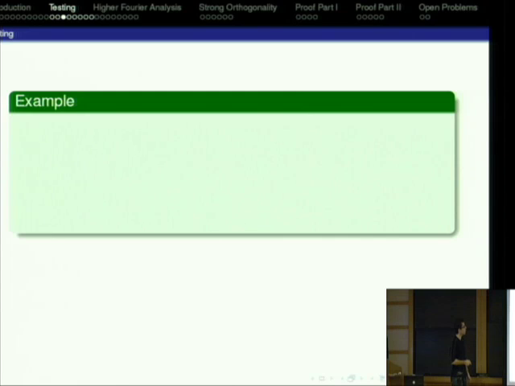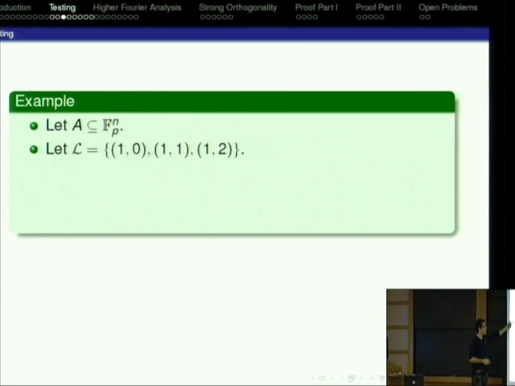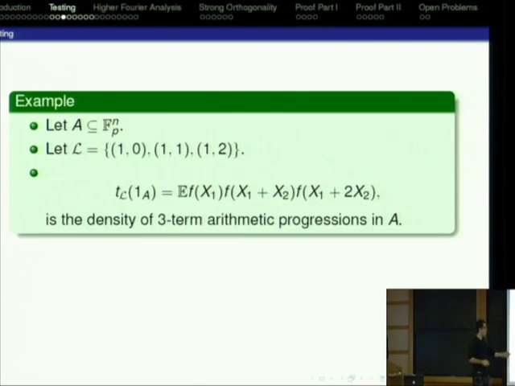So let me also give another example. Now, consider a subset A of F_p^n, and let's look at these three linear forms. Then T_L of the indicator function of A, so f is just the indicator function of A, then f of x_1, f of x_1 plus x_2, f of x_1 plus 2x_2.